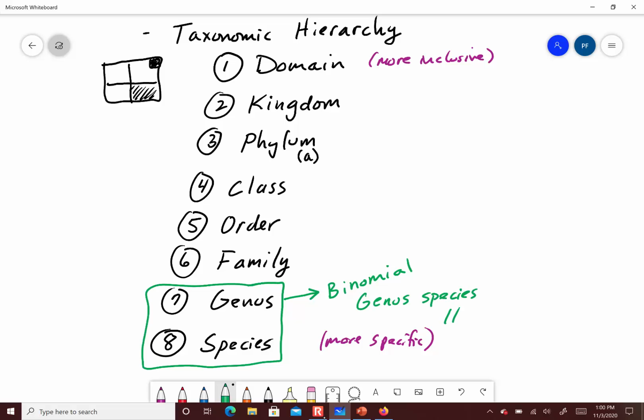For example, we probably all have heard this, Homo sapiens, right? That's a binomial. That's the binomial for humans. It's the scientific name. The binomial represents the scientific name, and with that scientific name, we have two parts, the genus and the species. And again, those are the last two things on our hierarchy.